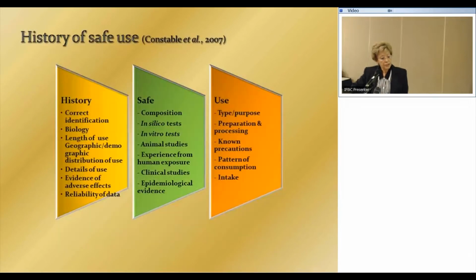So history of safe use was defined, or they tried to define it, by a number of scientists, Constable et al. History, what is history? What is safe? What is use? A very complex issue. And an important part of it is the compositional side of it, for safety.